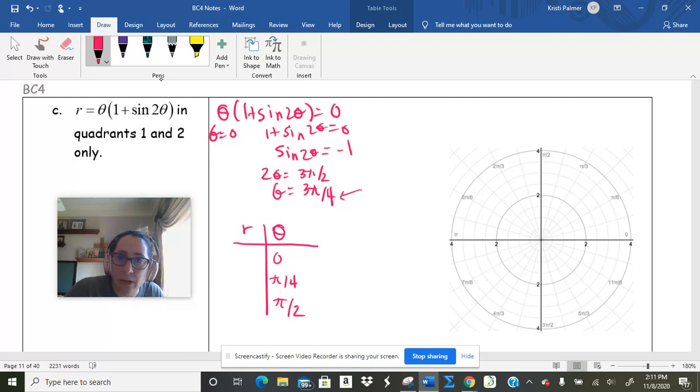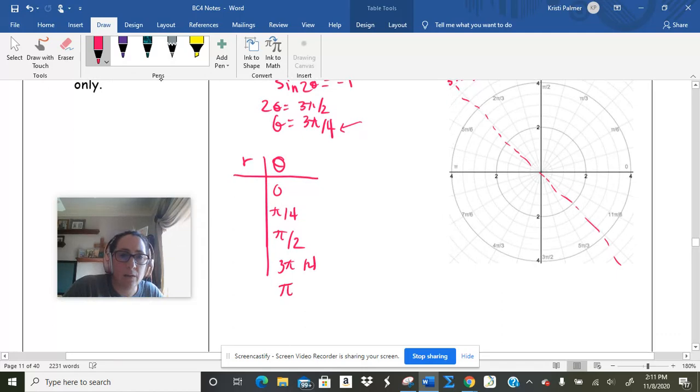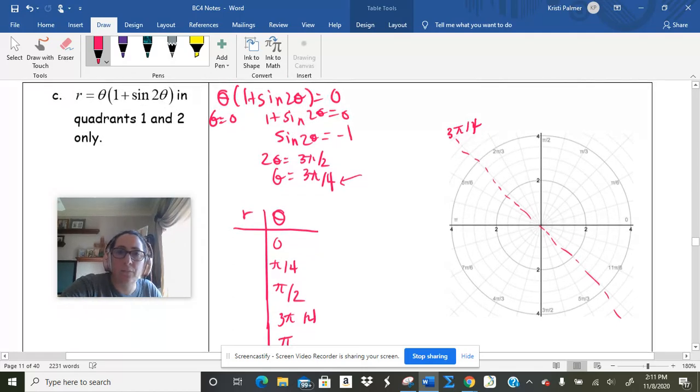Okay, so I know 3 pi over 4 is right here. And I'll go to pi, and let's see how we do. Okay, so plug in your 0. We know that we are 0.